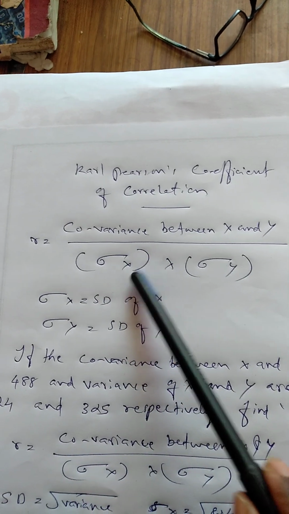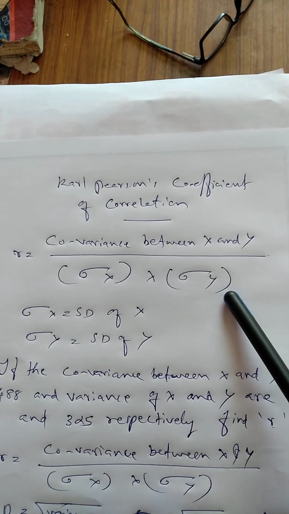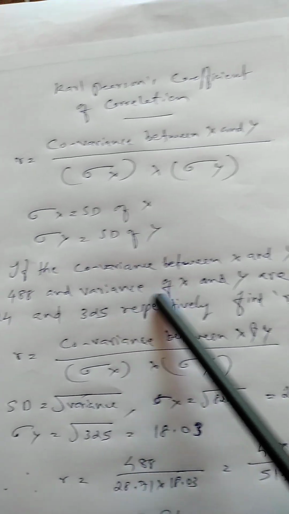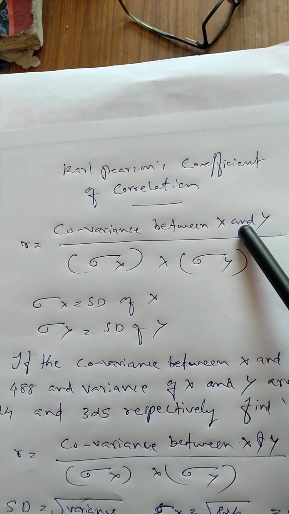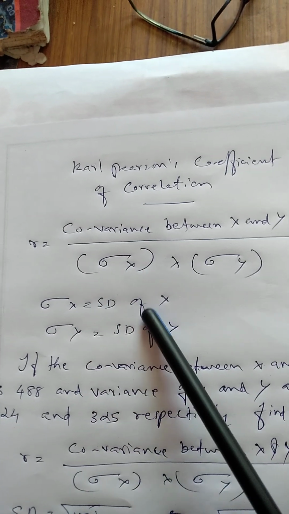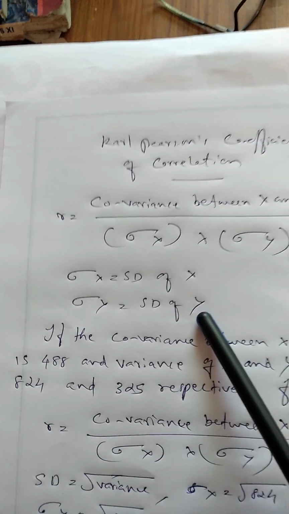Standard deviation of x into standard deviation of y. So this is the formula that is to be used when the question looks like this. Okay. So covariance between x and y will be given in your question. Sigma x means standard deviation of x, and sigma y indicates standard deviation of y.